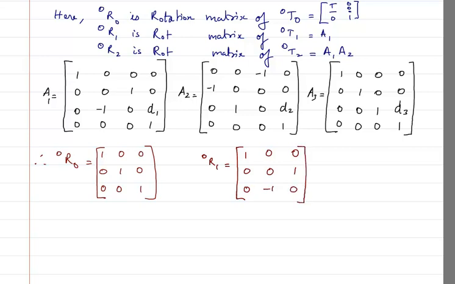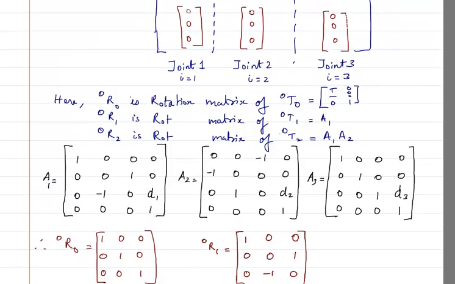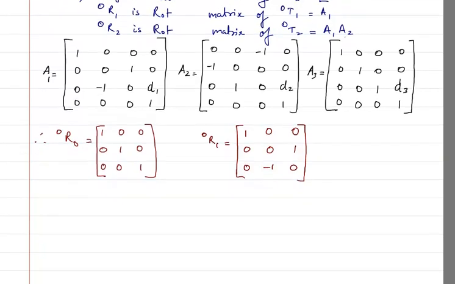Now the next one is 0T2. From 0T2 we will be taking 0R2. Now there is no need to multiply the 4 by 4 matrix. You can straight away multiply the 3 by 3 matrices of 0R1 and R2 for finding out the answer. But since it's a 4 by 4, I will just do it here once.